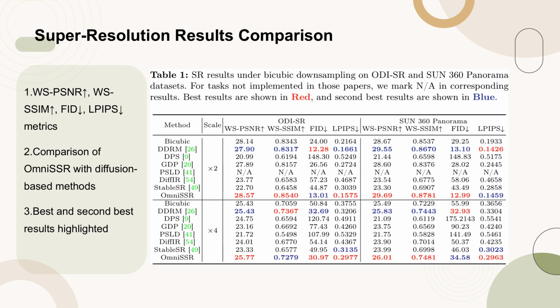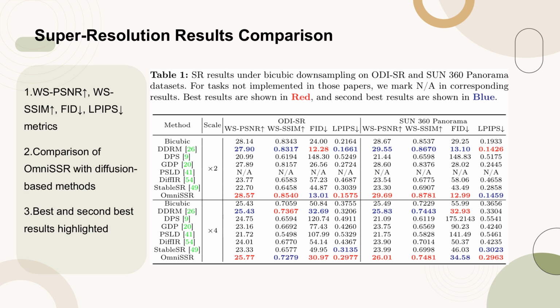Metrics used for evaluation include WSPSNR, higher is better, WSSIM, higher is better, FID, lower is better, and LPIPS, lower is better. The best results are highlighted in red, and the second best results are highlighted in blue. OmniSSR demonstrates superior performance in terms of both fidelity and realness metrics, outperforming existing diffusion-based methods for ODIs tasks on different scales.